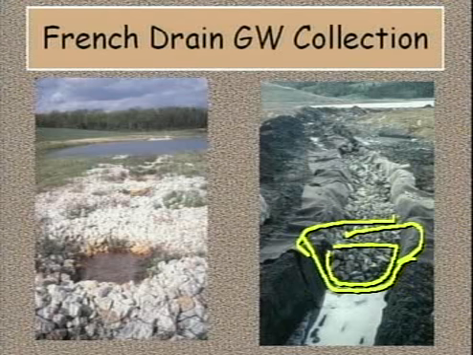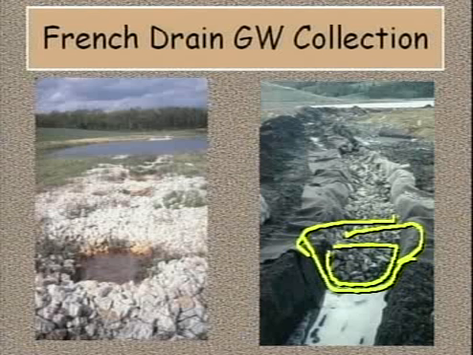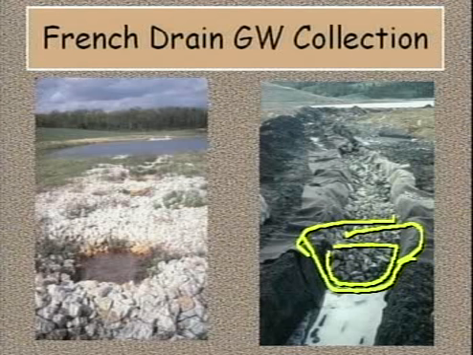Now, it allows water to pass through it, but this geotextile acts as a filter to keep the surrounding soil out of the coarse rock. Sometimes you'll see perforated pipes included in the design, right in the middle.